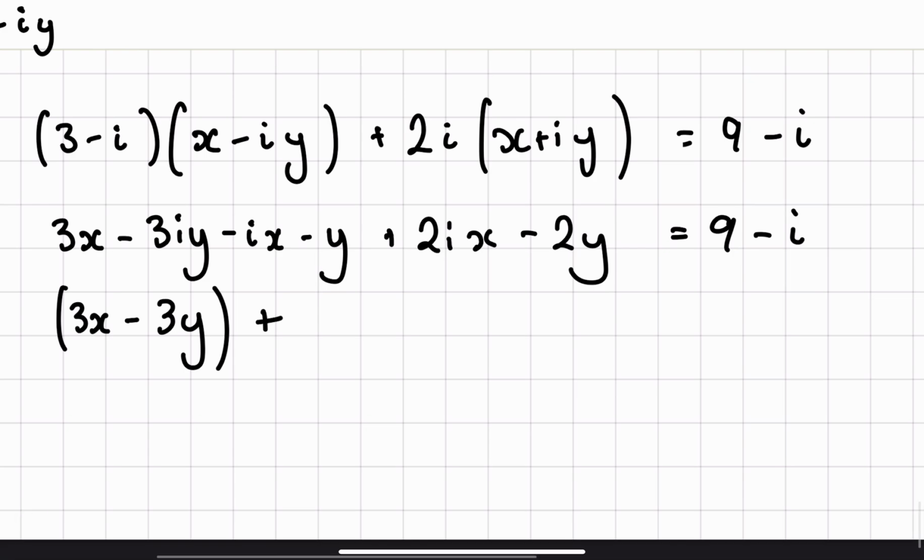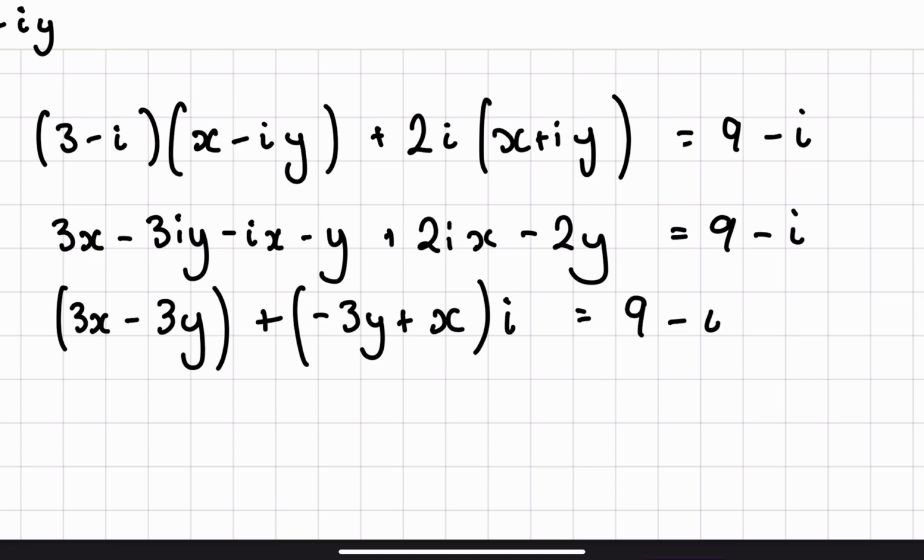And we're going to add minus 3iy minus ix plus 2ix. So the minus i plus 2i just becomes i. It's just like 1i. And we're left with this minus 3iy. So I can clean it up with minus 3y plus, we've got that 1x times i. That equals 9 minus i.